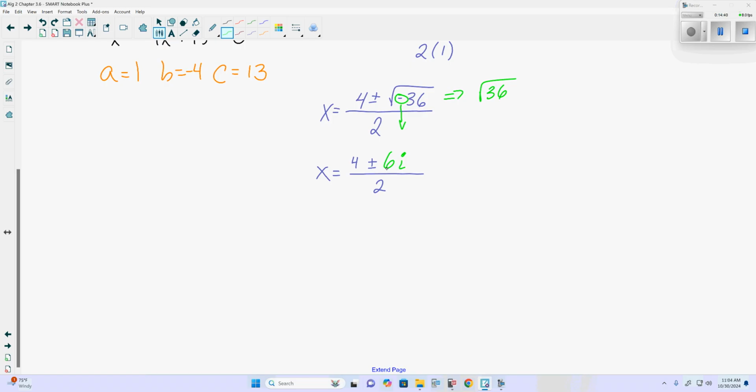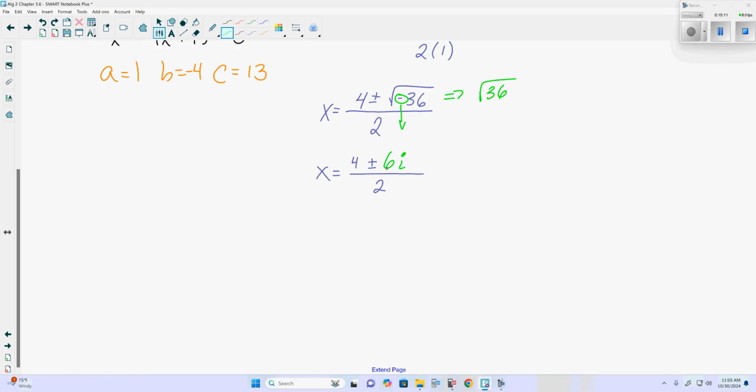Now the last question is, do the top two terms and the bottom one have a common factor? Well, there is an i, but is 6 divisible by 2? Yeah. Not so much for simplifying. We can't add or subtract. Yes, I see where you're going with that. With the 6i, I can't add and subtract. Now the 4 and 6i, you're 100% correct, we can't add or subtract those.